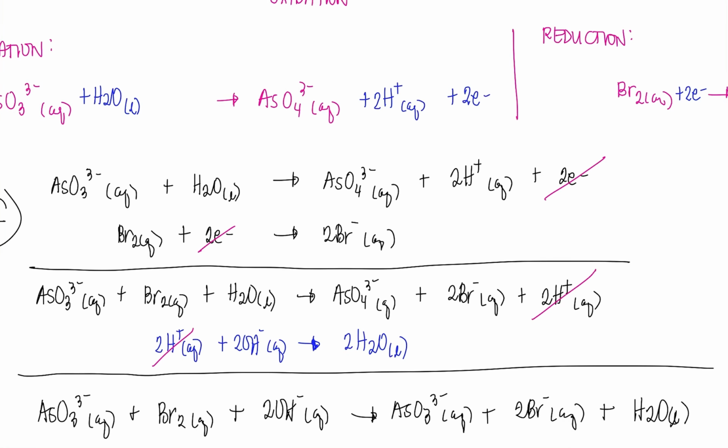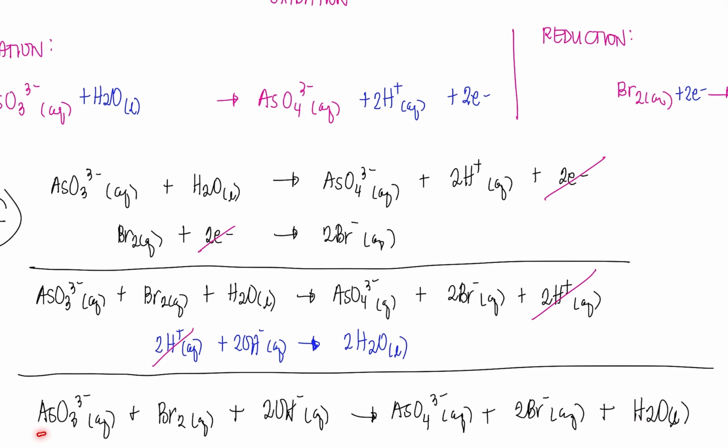Sorry, this should be AsO4. Okay, so it is balanced. So we have 4 plus 1, that's 5. And then hydrogen is 2 and 2, so that's equal.